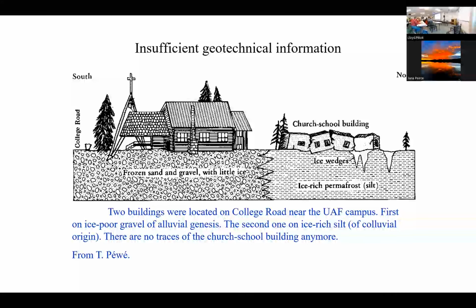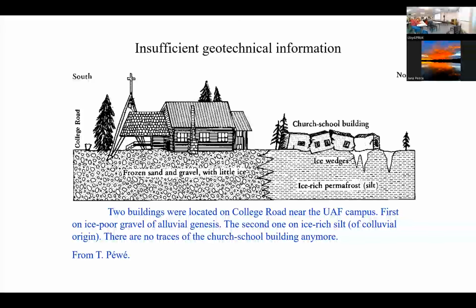There are not even traces of this one, because look at this: the condition changed in less than maybe hundreds of feet. On one side of the church, we have riverbed deposit, and we have slough deposit under the church building with ice wedges and so on.